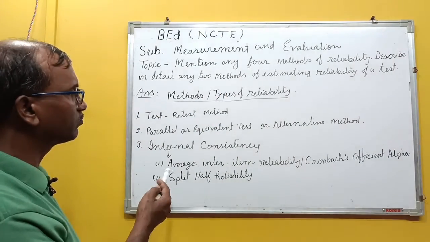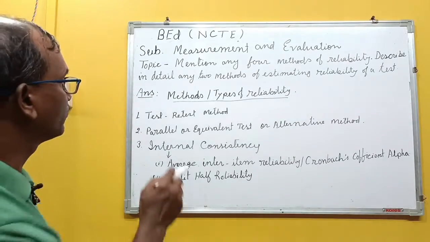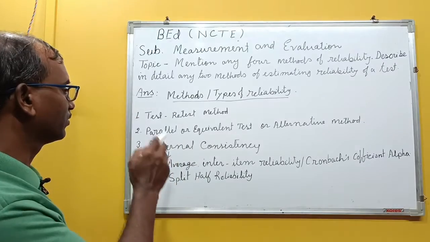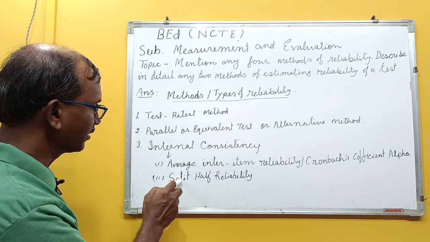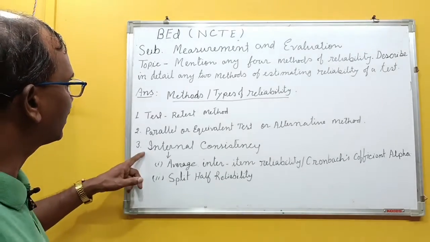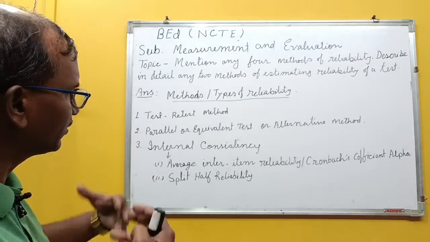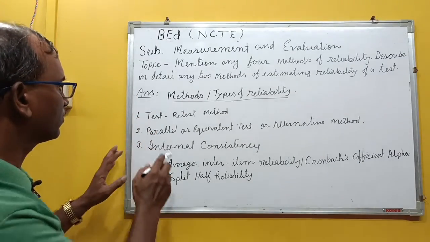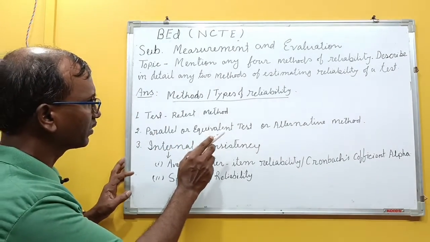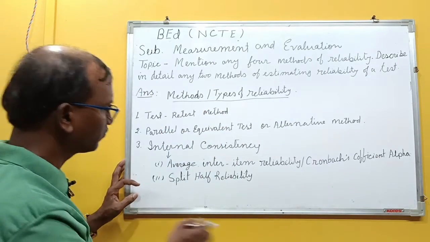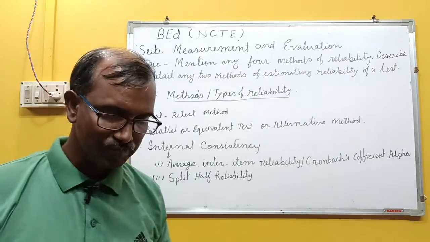Again, in some books you may have seen test-retest method, parallel method, then directly split half method, internal consistency method. Even in some books, it is often seen: test-retest method, parallel test method, internal consistency method, split half method.